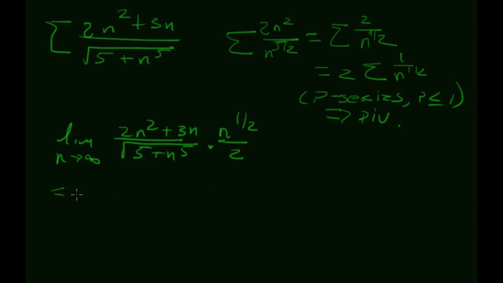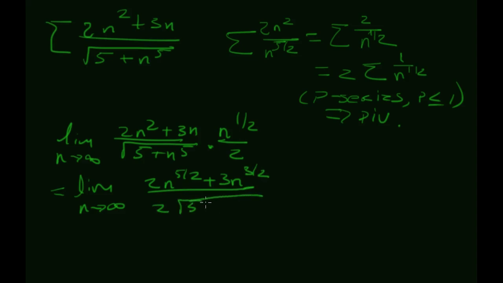A little bit of manipulation here. Let's see, I now have 2n to the 5/2 plus 3n to the 3/2 over 2 times the square root of 5 plus n to the 5th.